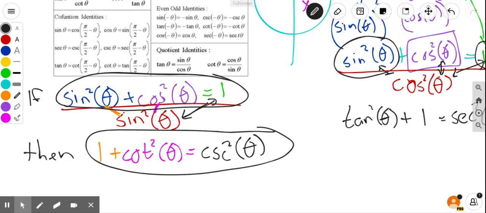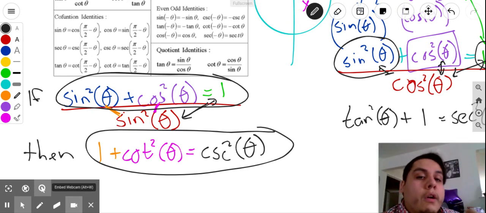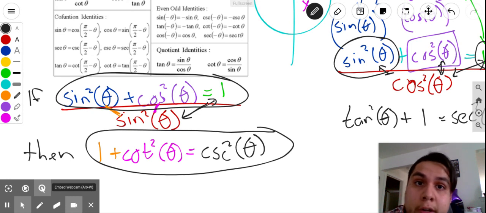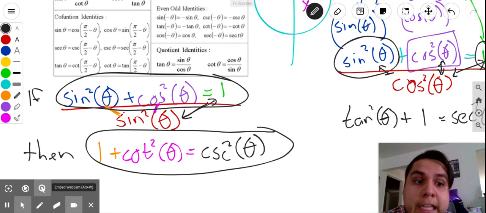And once I know that these are true statements, you are able to manipulate these, add, subtract, multiply, divide by whatever you want to write another equivalent form. And that is all verifying trig identities is about. It's all about the manipulation of these true statements.